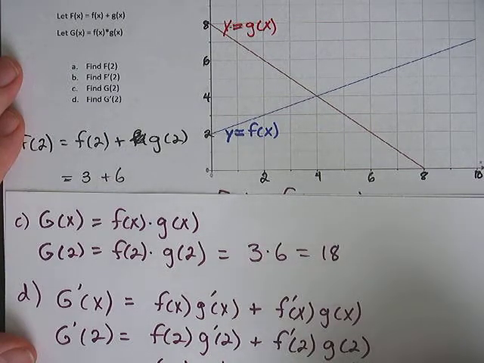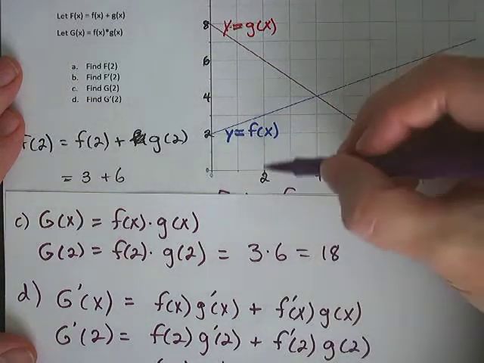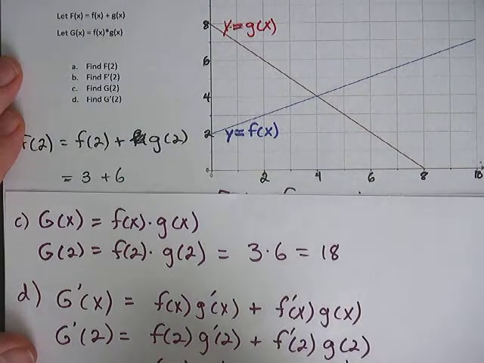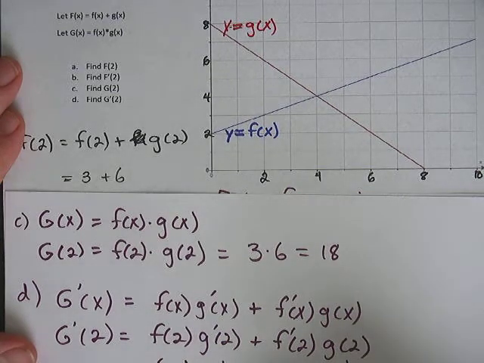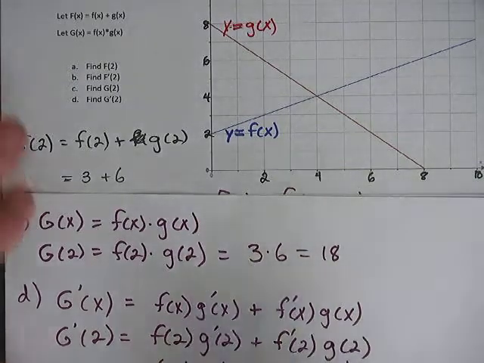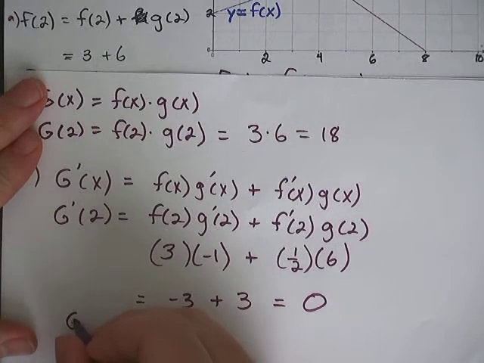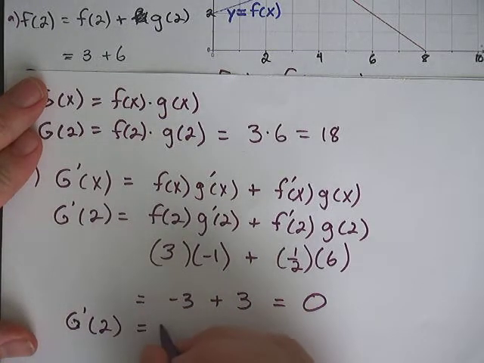And then the function value of g at 2, which is 6. Okay, so that's going to be equal to negative 3 plus, what is that? 6 over 2 is 3, so 0. So G prime of 2 is equal to 0.